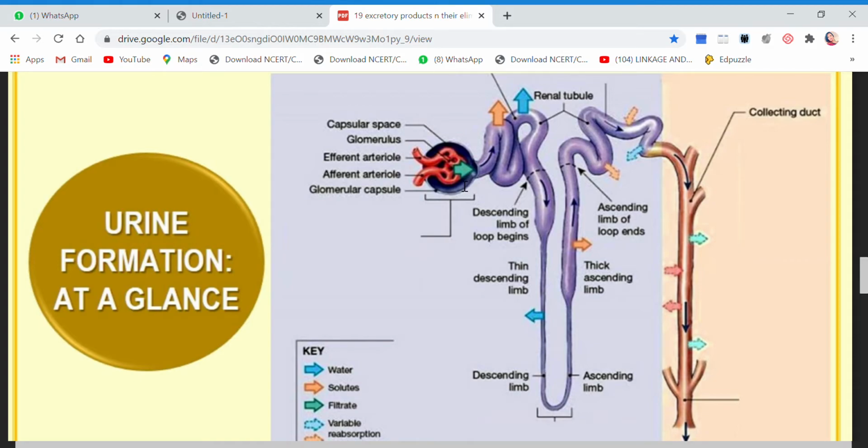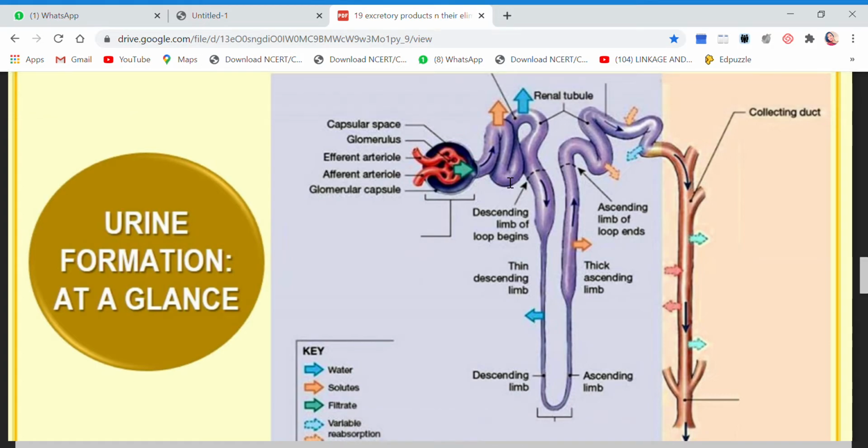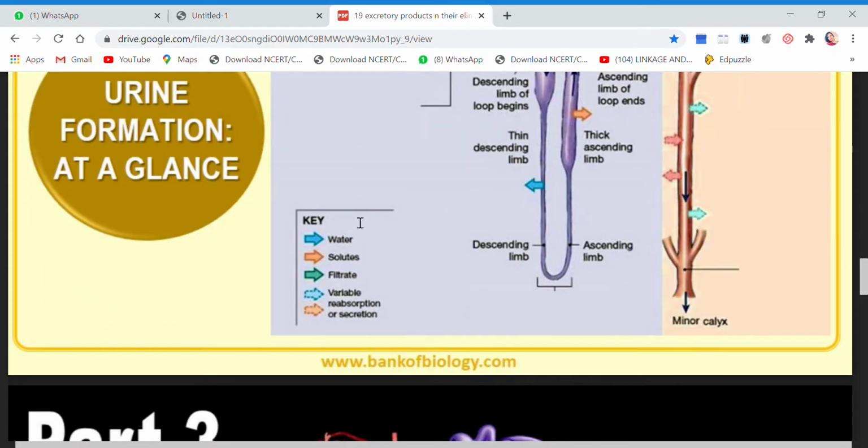Now we have also done in the previous videos how and where things are getting reabsorbed. We have seen that maximum reabsorption takes place in the PCT, and very few things are reabsorbed in the Henle's loop. You can see these arrows. These arrows represent the things that are being reabsorbed.